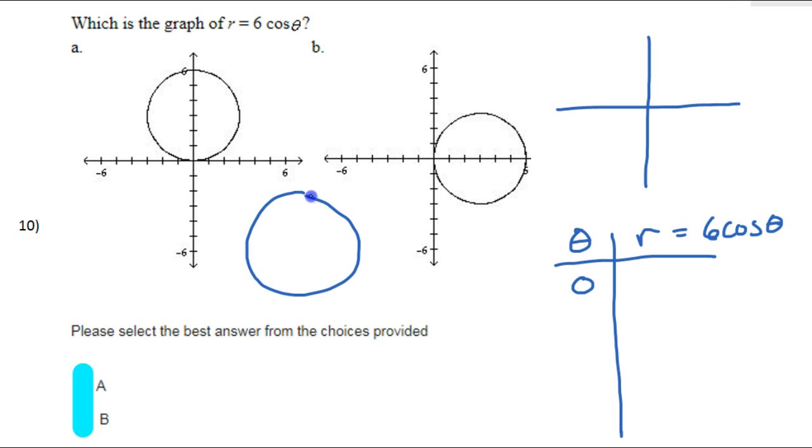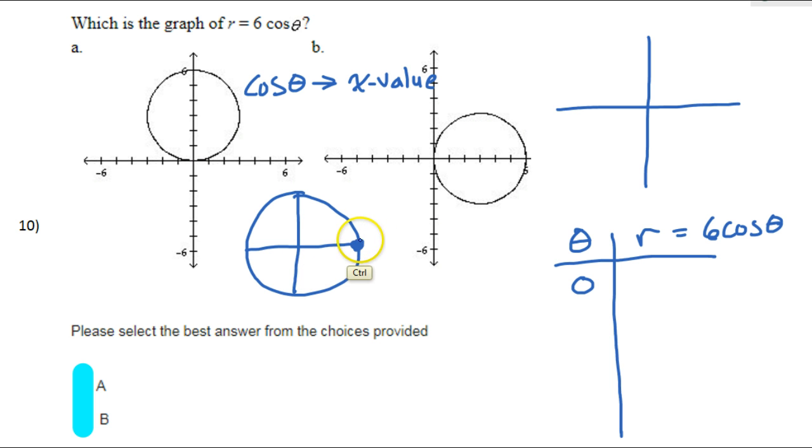Remember the unit circle? On the unit circle, cosine is always the x value. So at 0 degrees, what's the x value?